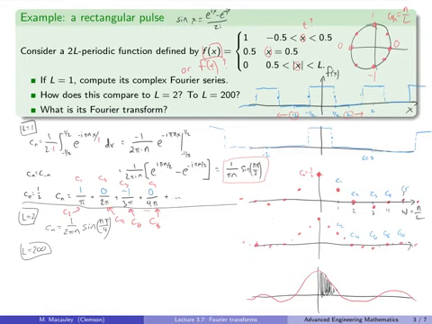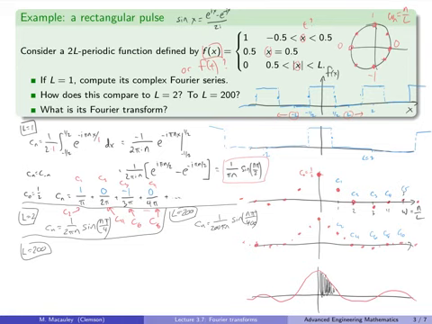Well, I'll write it here. I want to save myself some room for the Fourier transform as well. So when L equals 200, maybe I'll put it over here, we get that Cn equals 1 over 200 pi n times sine of n pi over 400.